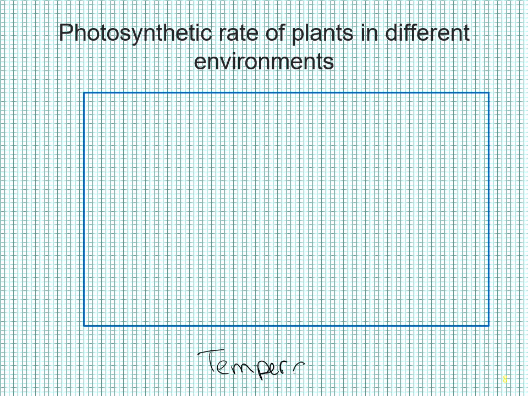That is the independent variable. And in this case, you could probably even put some numbers on it. You could probably put 0 degrees Celsius and 50 degrees Celsius, or 60 degrees Celsius across there. Or at the very least, you could put low to high.